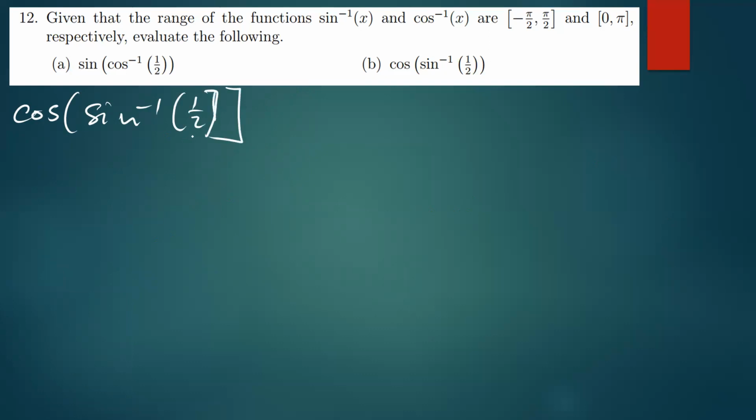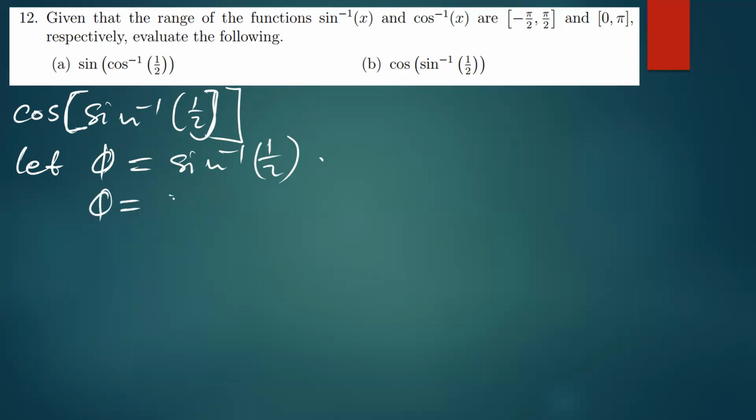We use these square brackets. Let phi be equal to sine inverse of half. Sine inverse of half is simply 30 degrees, which is just our reference angle.